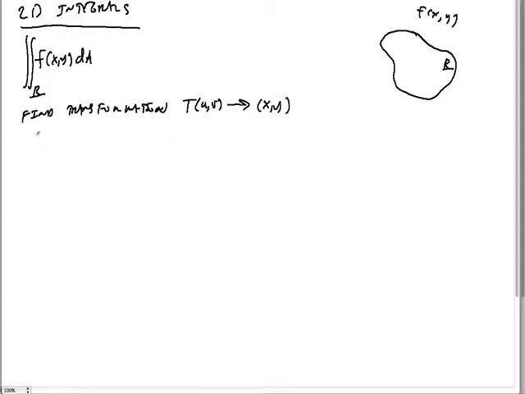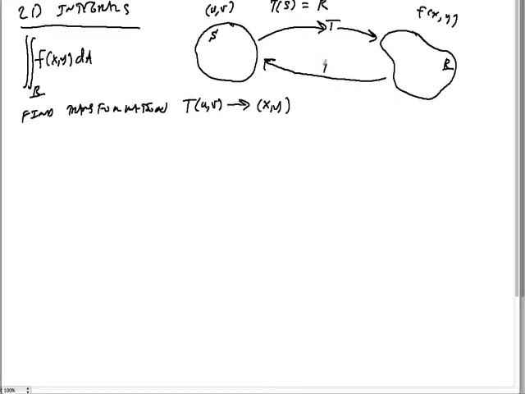So another way to write this: we want to find some set S, which is in uv space, and a map or function from S to R. We want it to be invertible, so we want there to be an inverse. We also want T to be smooth and invertible. Smooth just means it has a continuous derivative.